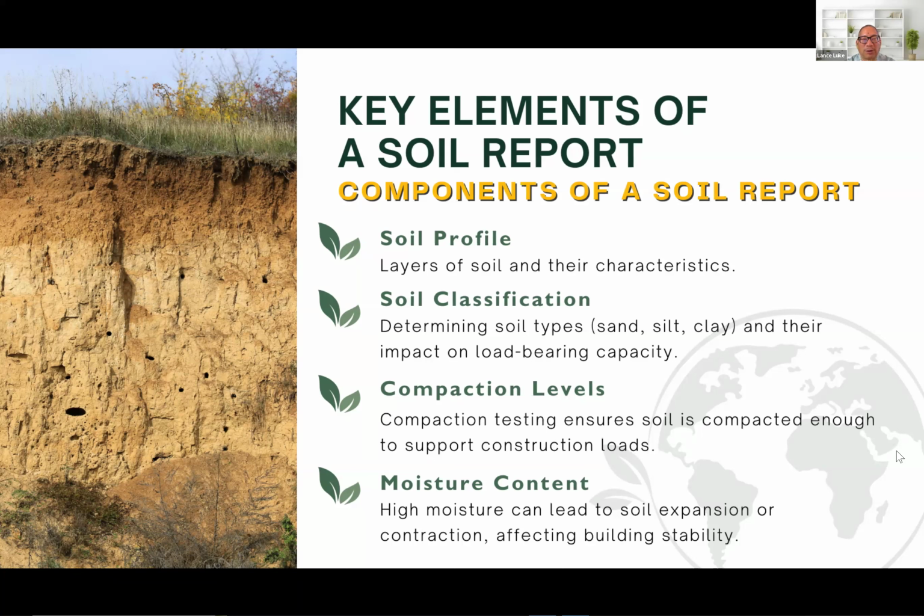So the soil is going to be constantly moving due to the weather. And when the soil moves, your foundation can move. It can move by virtue of cracking. It can move by virtue of shifting or sinking.